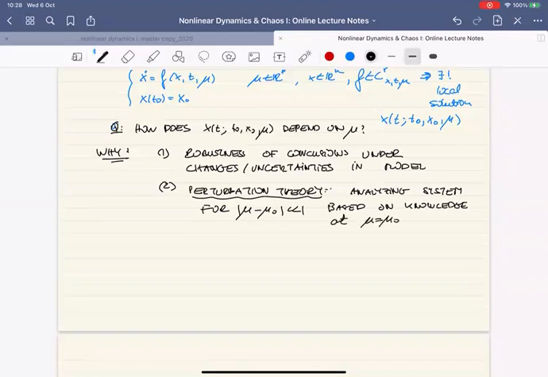So you somehow know things about the system at mu equals mu naught, you then know some solution. Can you extend that?